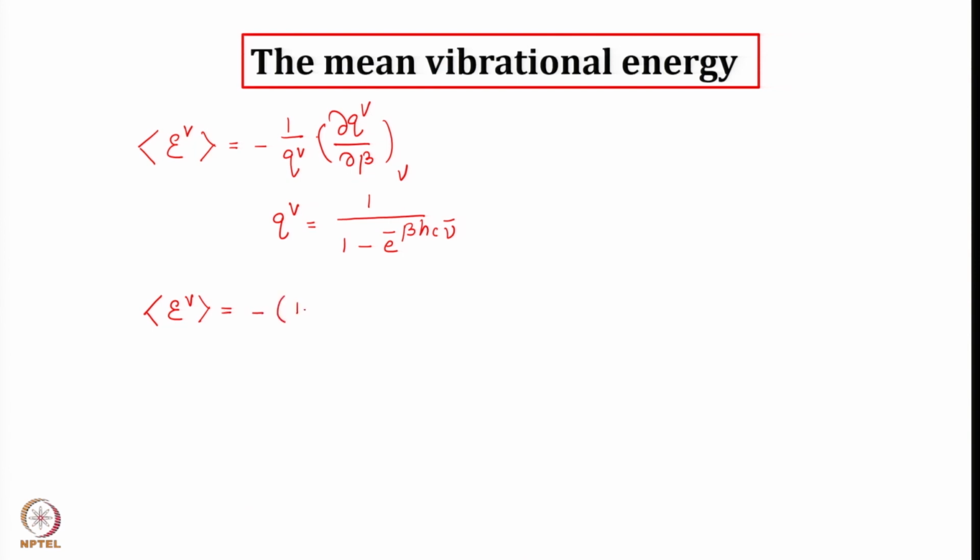This is minus 1 minus exponential minus beta hc nu bar. This is minus 1 over QV. Now we want to take the derivative of this.